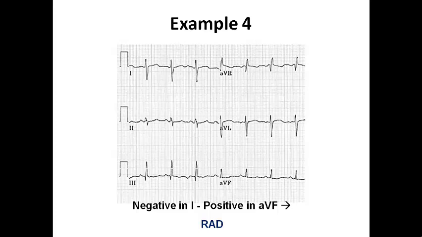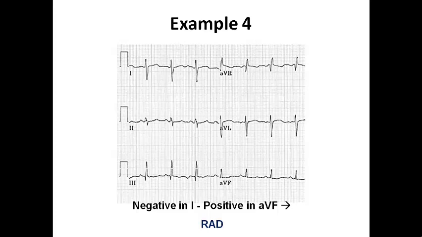If we try to apply the equiphasic method here, we look for the lead with the equiphasic complex, and we could say that it is AVR. AVR has R and Q waves of nearly equal amplitude. So I could expect that the axis here is perpendicular to AVR. So it is directed either between minus 30 degrees to plus 120 degrees.